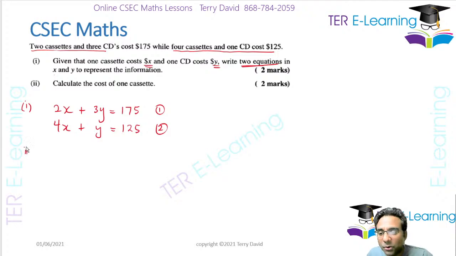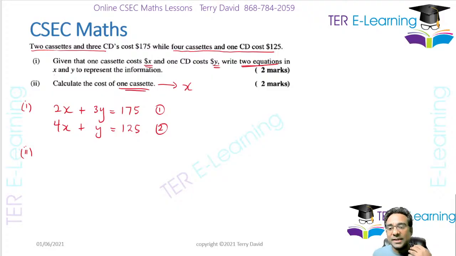For part 2 now, they said calculate the cost of 1 cassette, right? Now make sure you know what they're asking us here. The cost of 1 cassette is actually X. So what they want us to work out is X in this particular question. Now, CXC doesn't force you to use a particular method in order to solve a pair of simultaneous equations, right?